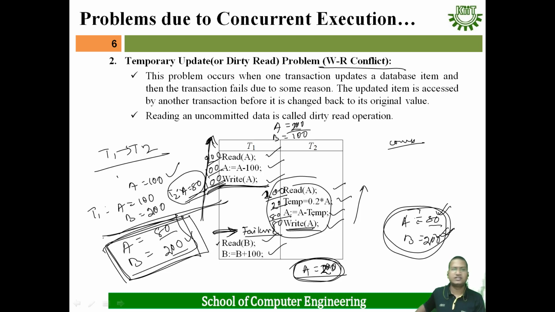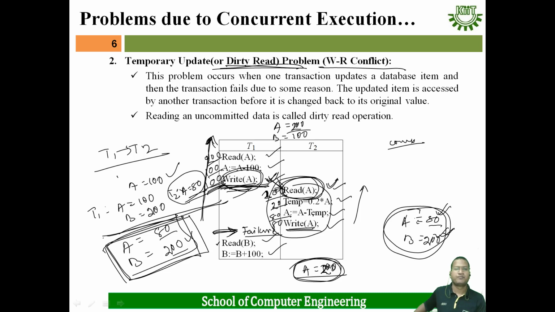This problem is known as temporary update or dirty read problem. Whenever in transaction T1 there is a write operation on a data item, and in transaction T2 there is a read operation on the same data item, with no commit statement in between, that means one transaction is reading a data item written by another transaction without execution of commit.